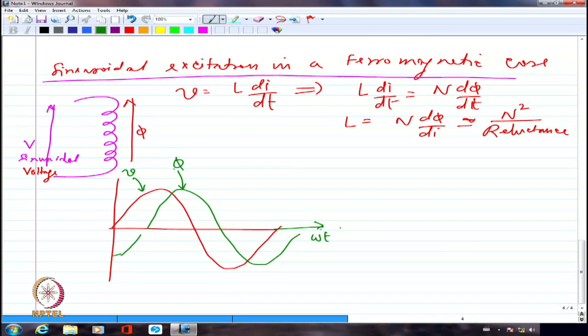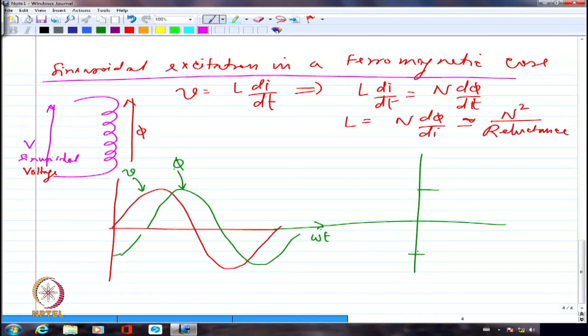I want to know how the current is going to be. So if I want to look at the current waveform, how it is going to be when I have a ferromagnetic core, what I am going to do is draw the BH loop. So this is my Bmax, and this is how I am going to have my hysteresis loop confining itself to plus Bmax and minus Bmax in this case.